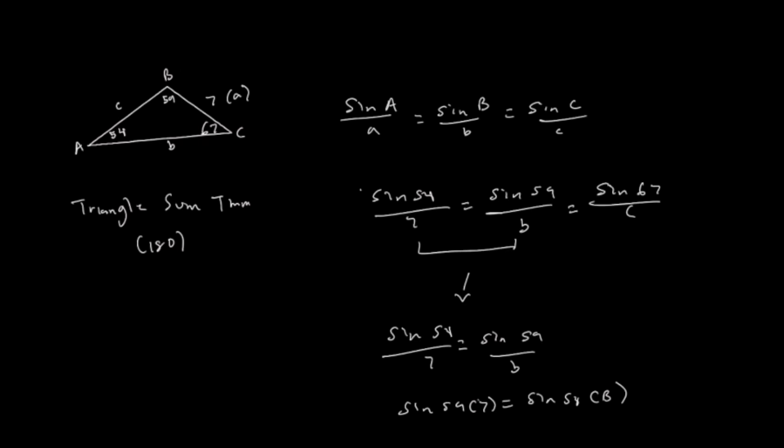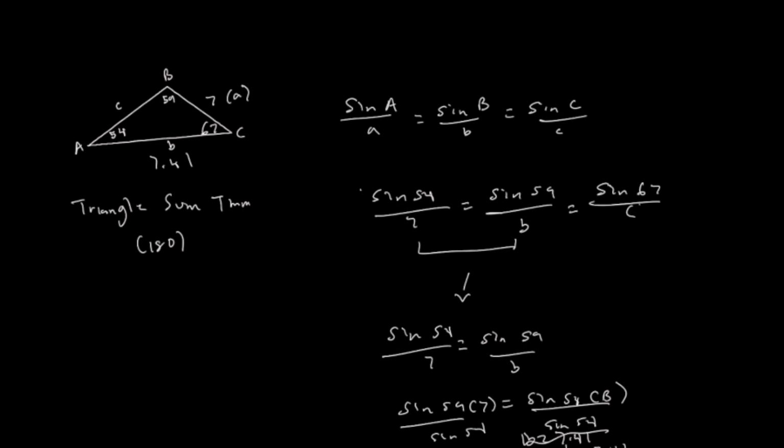So you do sine of 59 multiplied by 7, and then we divide by sine of 54 on both sides. We get a value of 7.41. So we know this side is 7.41.